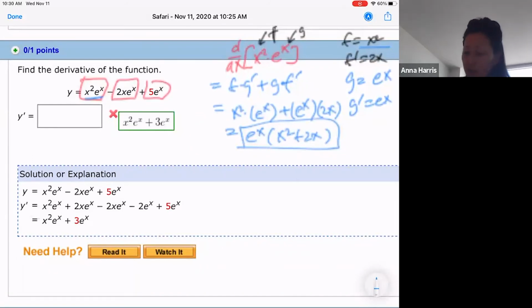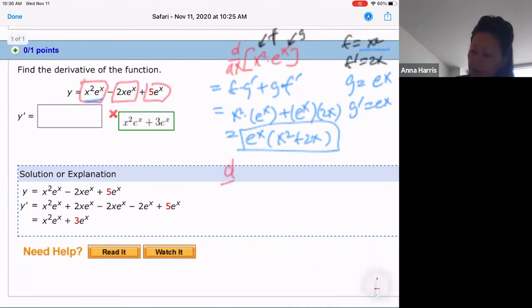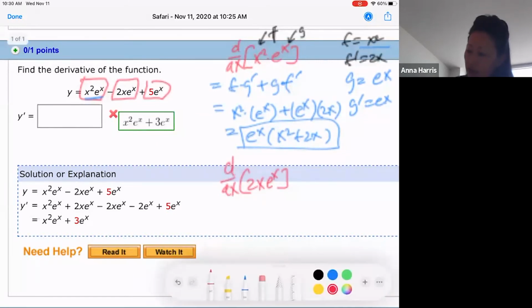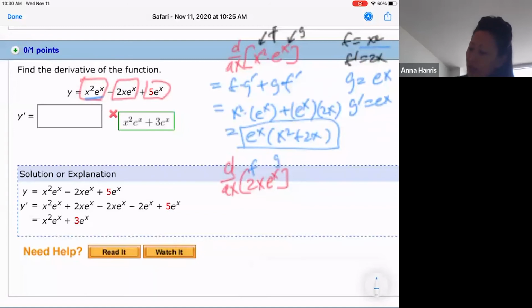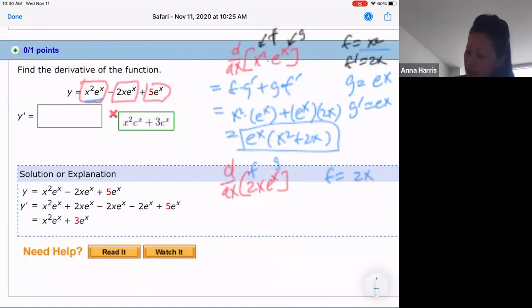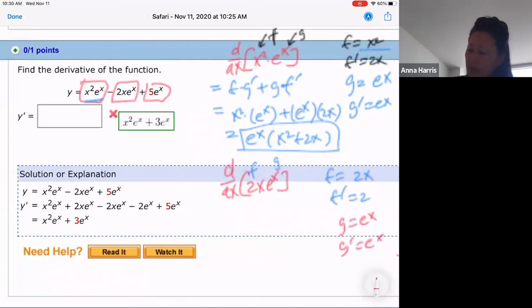All right, now moving on to your second part. Derivative of 2x e to the x. You're gonna call it yourself, same thing again. F and g, and you say f is equal to 2x, f prime equal to 2, g is equal to e to the x, g prime is equal to e to the x.